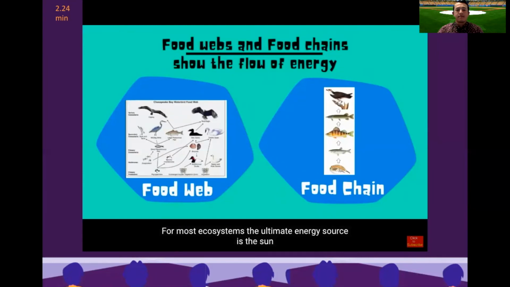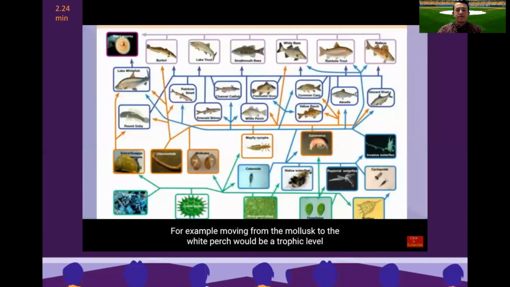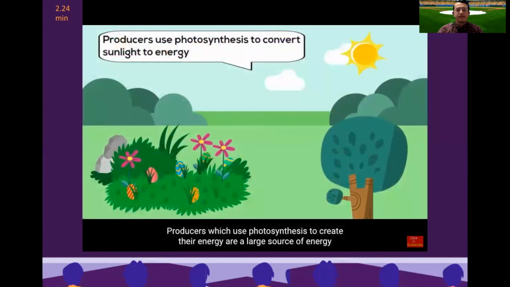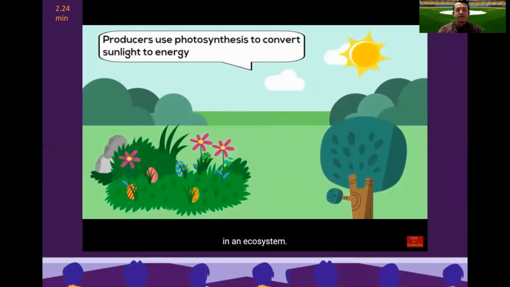For most ecosystems, the ultimate source of energy is the sun. And as you move from one organism to another, you move up a trophic level. For example, moving from the mollusk to the white perch would be a trophic level. Producers use photosynthesis to create their energy, and they are a very large source of energy in most ecosystems.